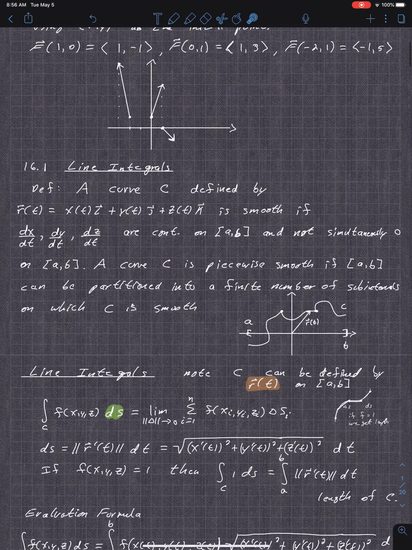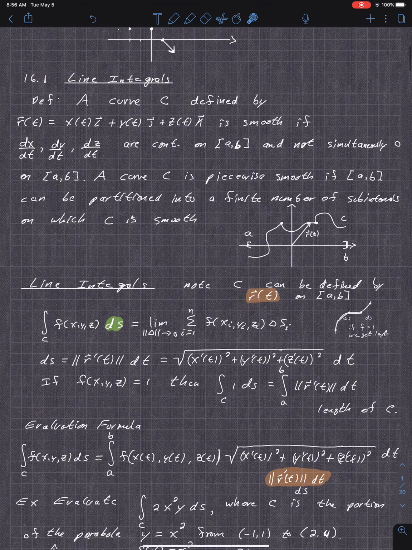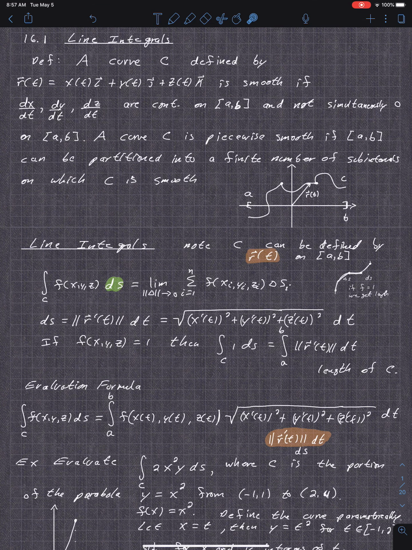Now we want to talk about a couple different things. One's a line integral. So suppose a curve C is defined by r of t, so it's x of t i, y of t j, z of t k. So that's a curve in 3-space.